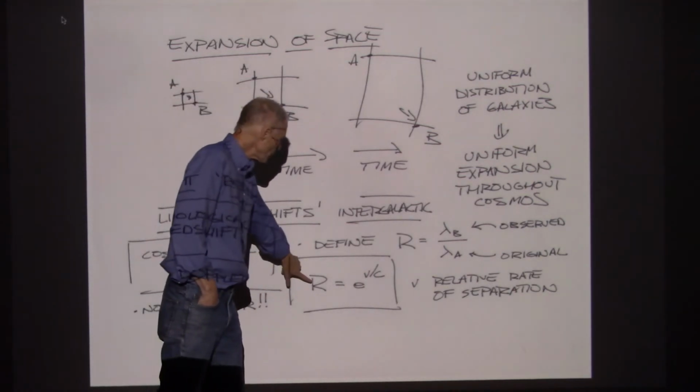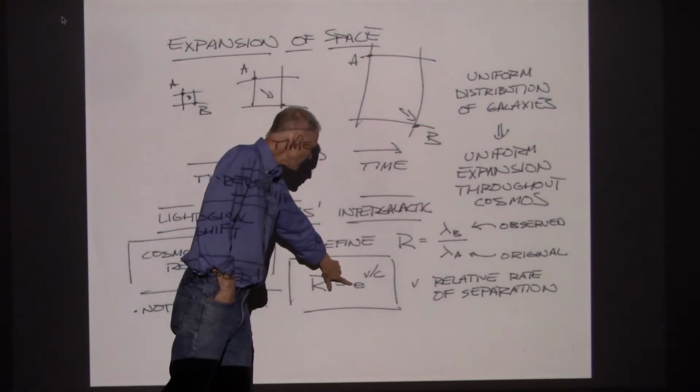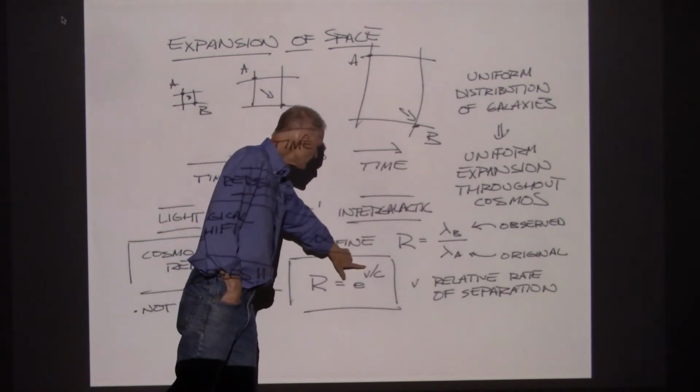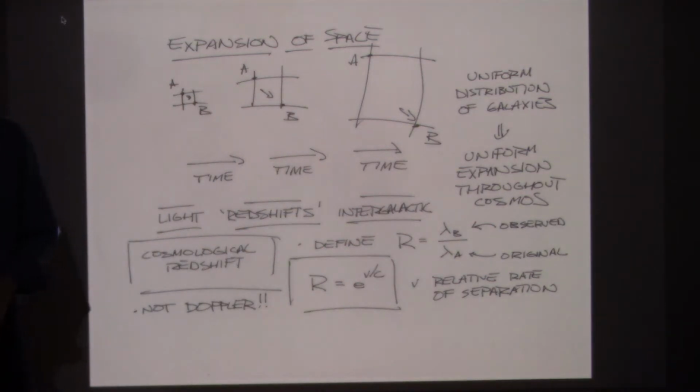And what we can show is that the redshift that occurs is given by the formula e to the V over c, where V is the relative rate of separation.